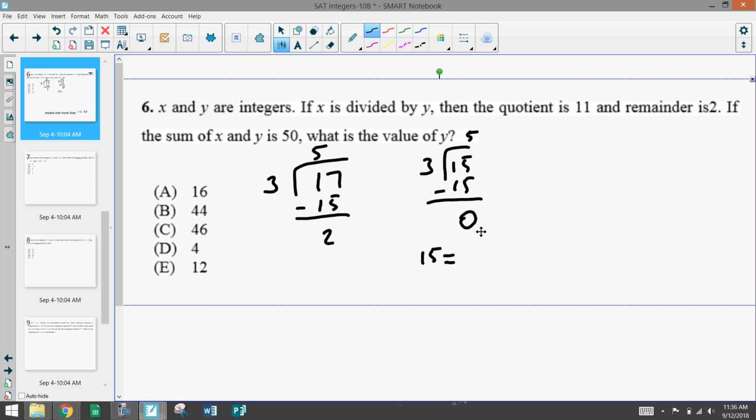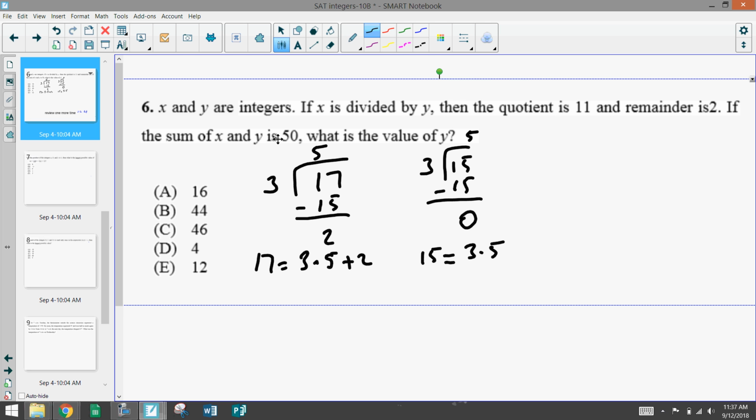You multiply two of them. What is 17 equal to? 3 times 5 plus 2. You all agree? At the end, you need to add the remainder. So this is the formula, and this will help us to solve our question here.